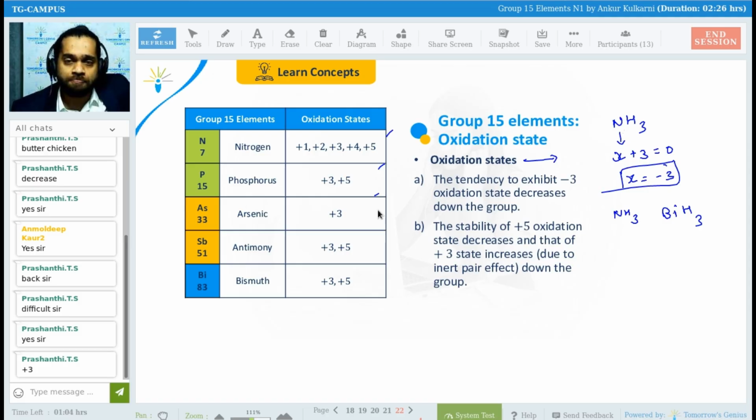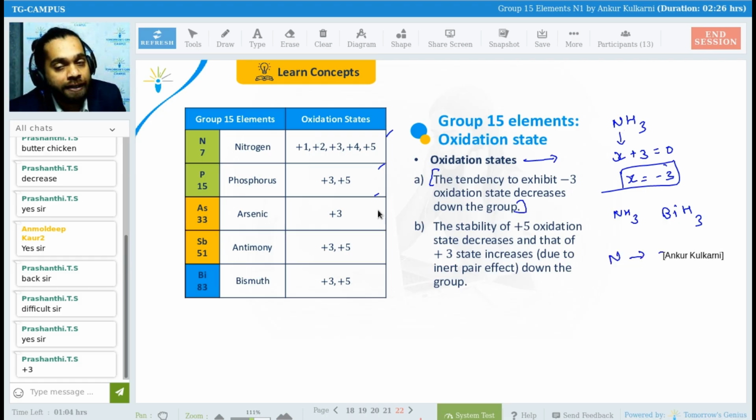Now everyone, nitrogen, bismuth. The question comes, which is more stable? We know one thing: as you go down the group in group 15, the -3 oxidation state stability decreases. So you are comparing nitrogen -3 and bismuth -3.